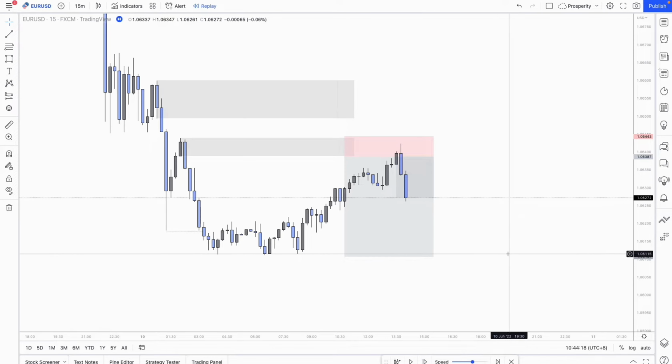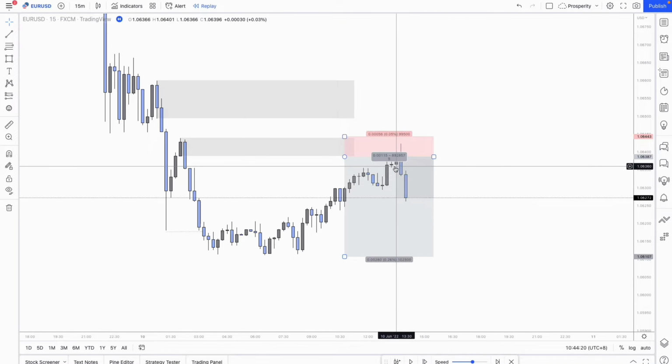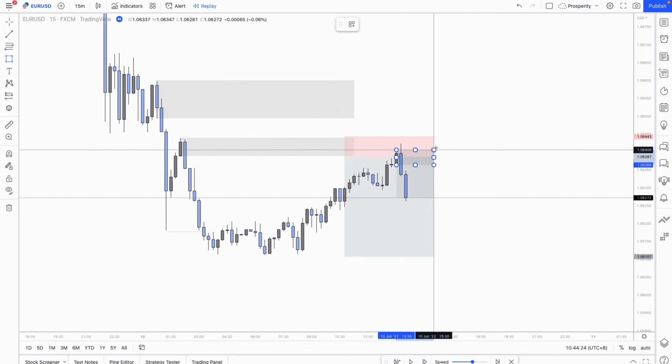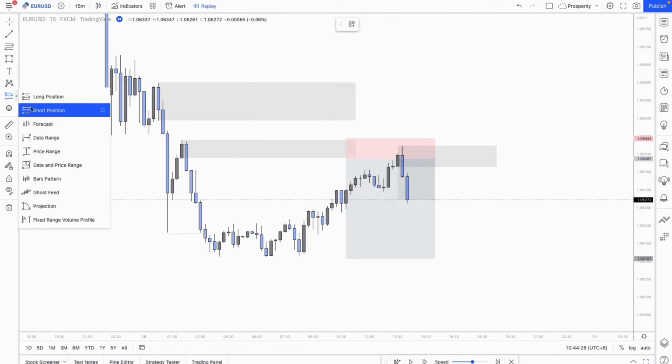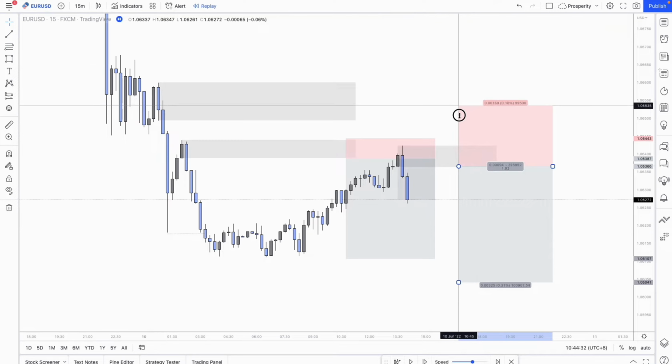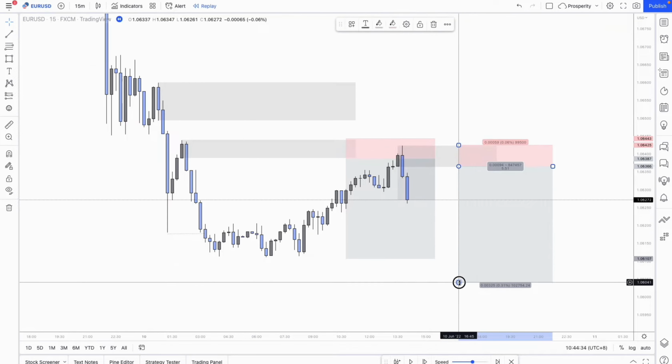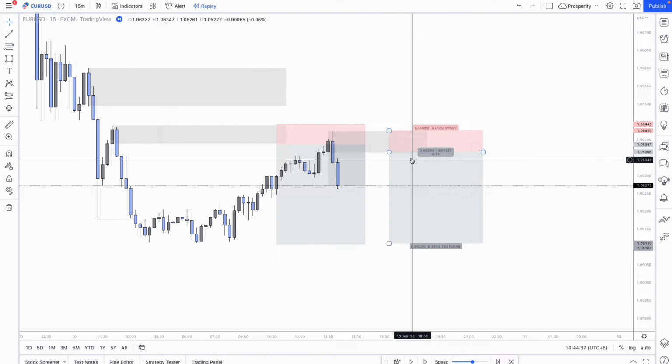And then what does price do? Price leaves behind imbalance again, right here, in the form of a supply zone. So theoretically, could you take another trade? Yes, absolutely, because that is the law of supply and demand. Take out your lows again.